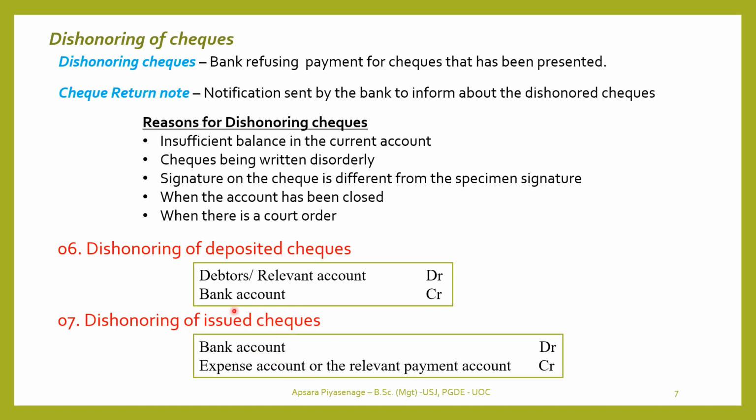If the issued check is dishonored, the bank balance has not been reduced. So we have to debit the bank account and the relevant account should be credited. Expense or a relevant payment account should be credited.